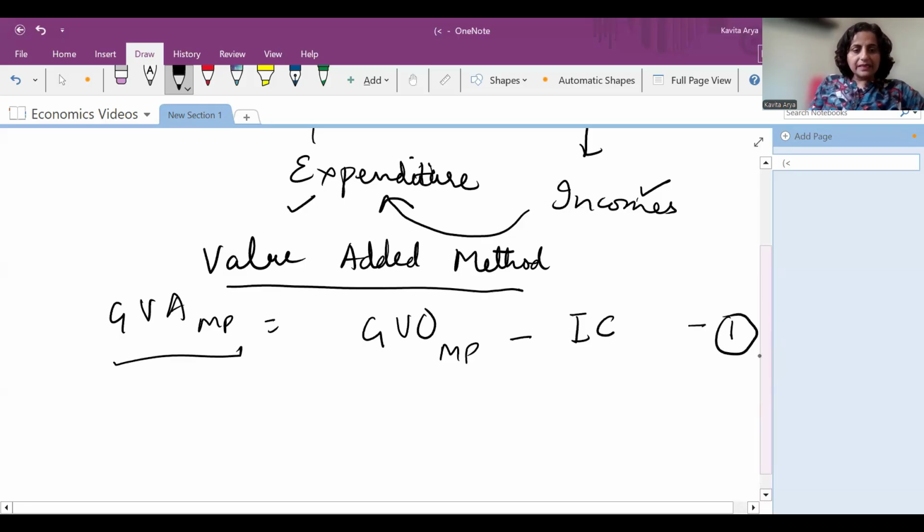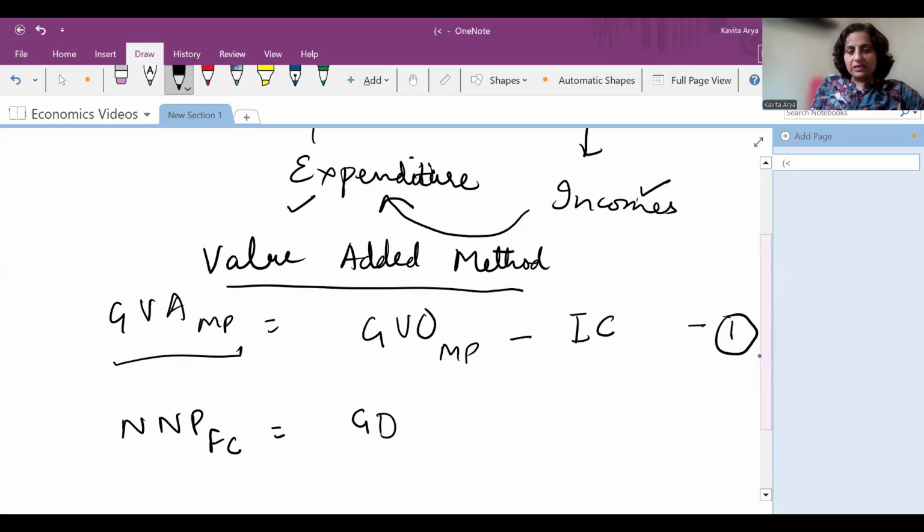And then the second step is that NNP at FC is to be calculated. Why? Because this is the symbol of national income. And how do we calculate NNP at FC? From GVA at MP. Mind you, GVA at MP is nothing but GDP at MP. So after we get GVA at MP from this first equation, we need to convert GDP at MP into NNP at FC.